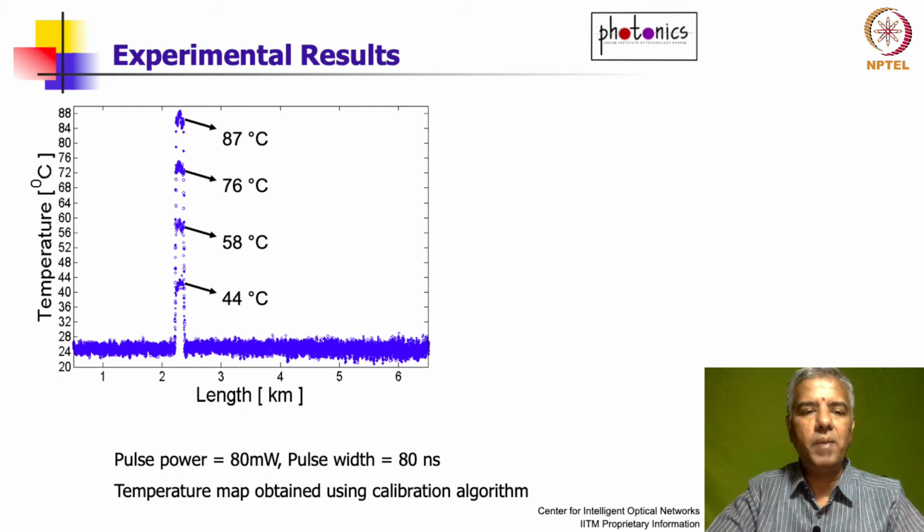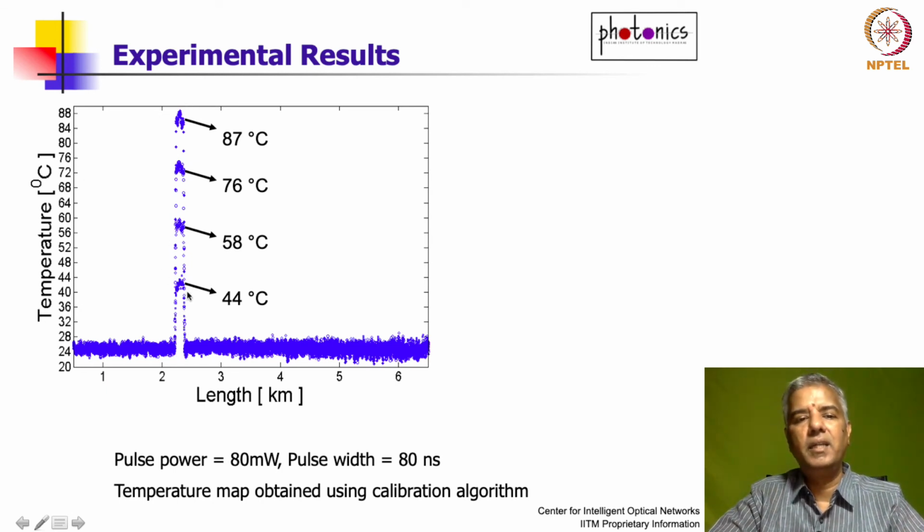So this is the kind of map that you get after some processing, basically temperature as a function of length. And we basically put a test fiber inside an oven, and we cranked up the heat of the oven, and the instrument is able to beautifully bring out the temperature of the fiber at different settings of the oven.